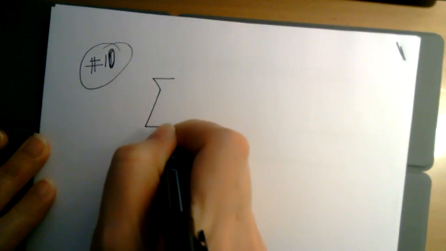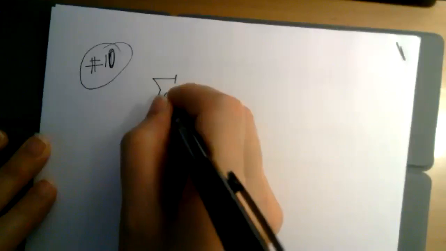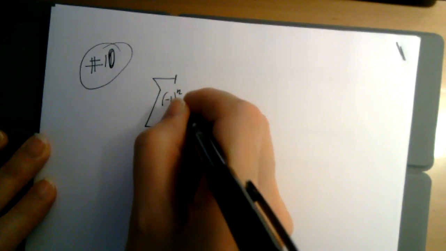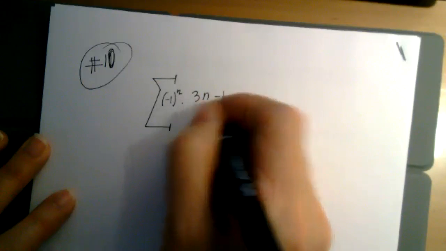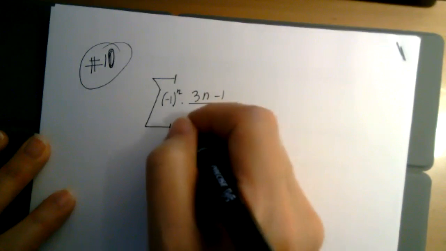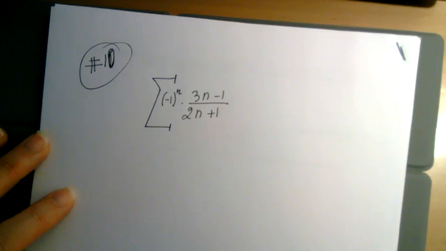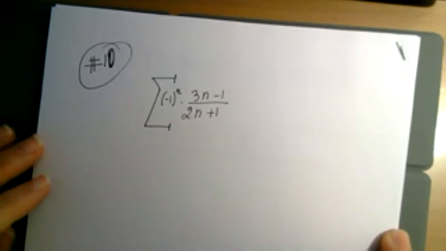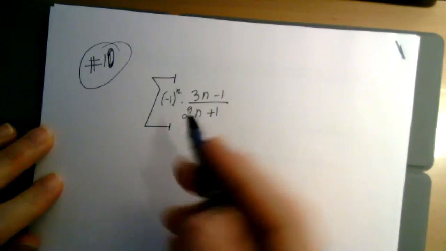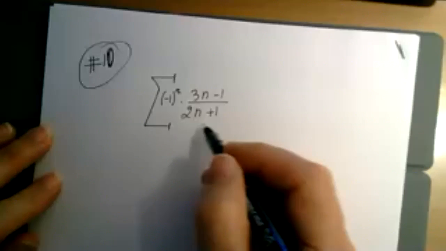We have the following series, sigma of minus 1 to the n times 3n minus 1 over 2n plus 1. This is an alternating series because those terms are positive.